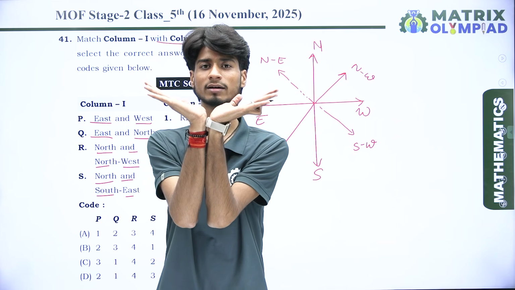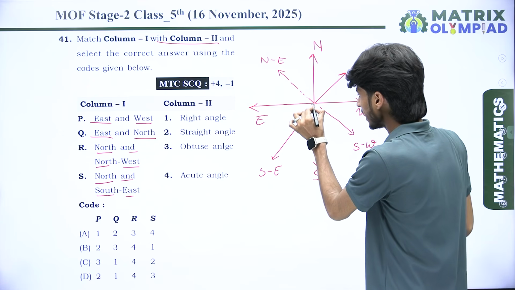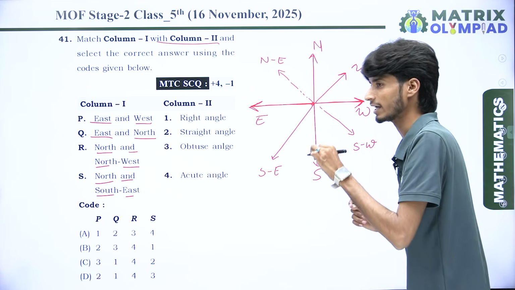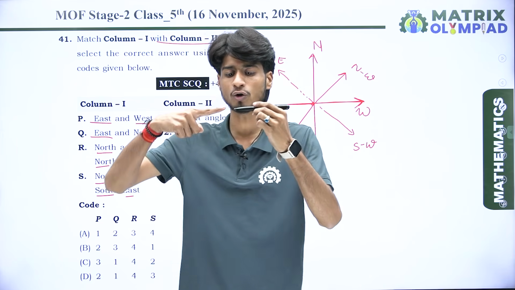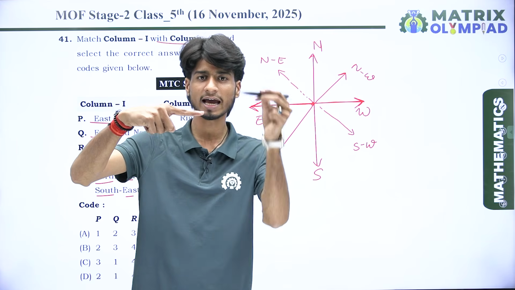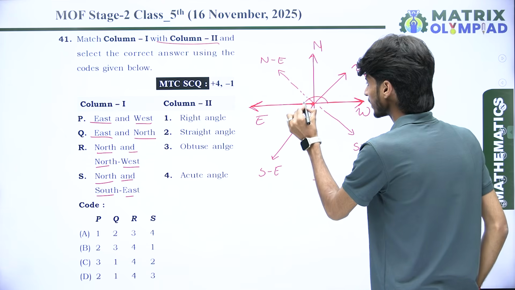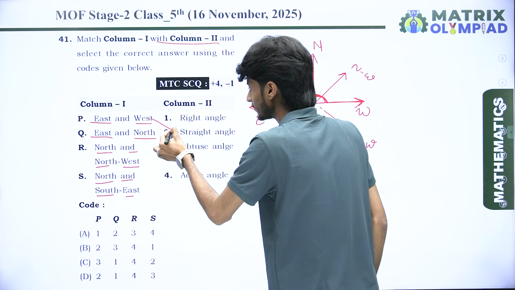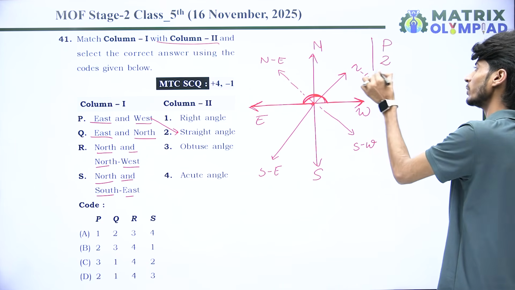That means they make an angle of 180 degrees. Look, the first direction represents the first ray and the second direction represents the second ray, and whenever 2 rays are opposite to each other, they make a straight line, and on a straight line we have the angle of 180 degrees, which is known as a straight angle. That means the angle between east and west is a straight angle. That means P matches with 2. Remember.